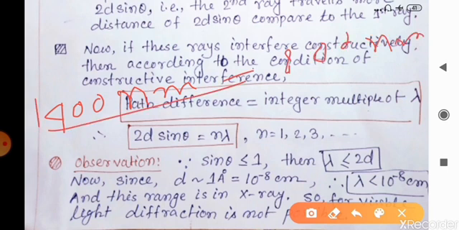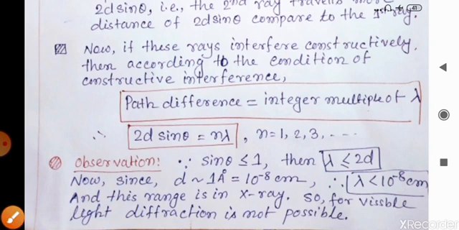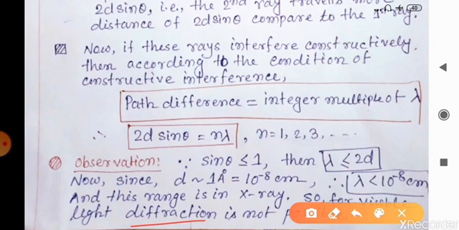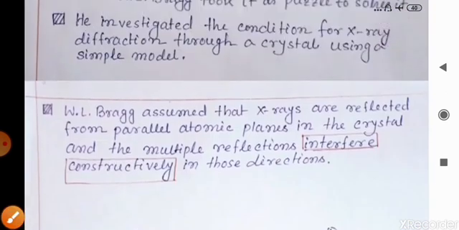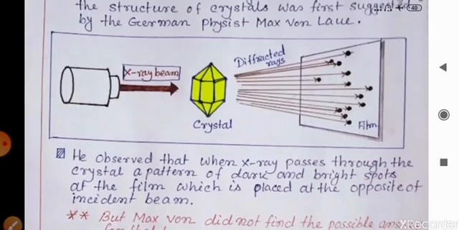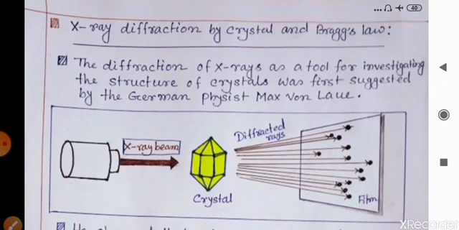So this wavelength is greater than the wavelength lambda needed to satisfy the Bragg condition. Hence a diffraction pattern is not possible if we use visible light in place of X-rays, and that's why X-ray becomes an important tool to investigate the crystal structure.